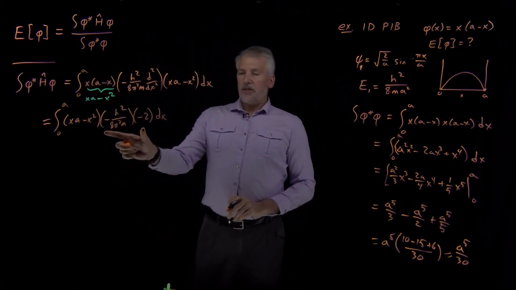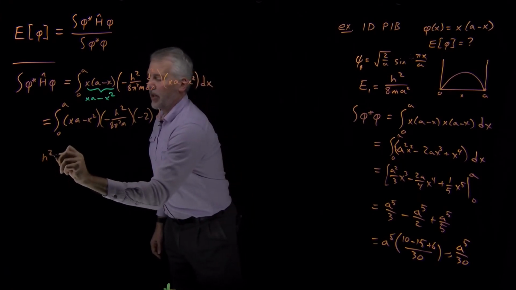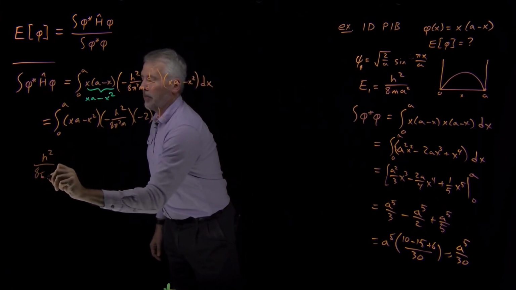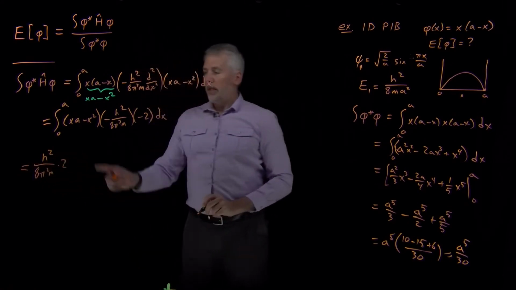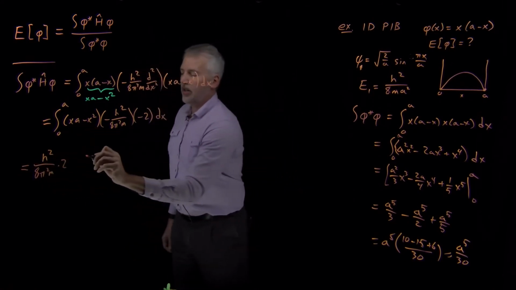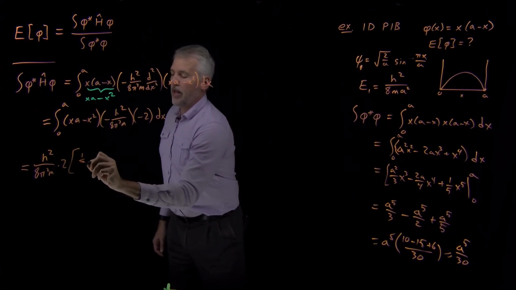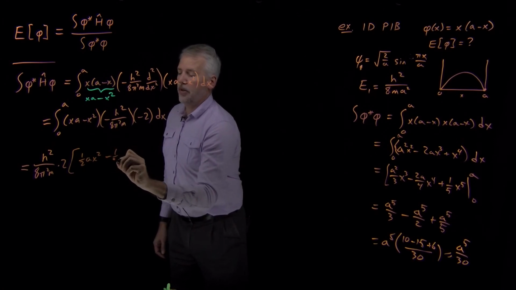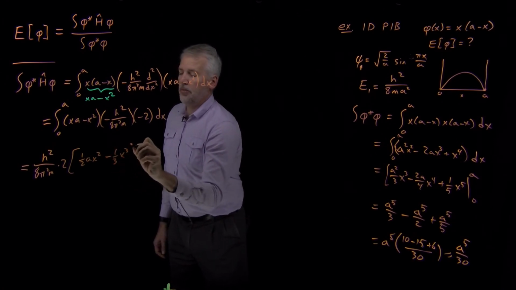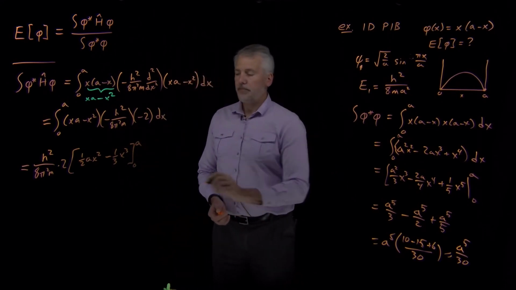So these are all constants which I'll pull out front. So h squared over 8 pi squared mass times a 2. Integral of xa minus x squared is 1/2 a x squared minus 1/3 x cubed. Again, evaluated from 0 to a.